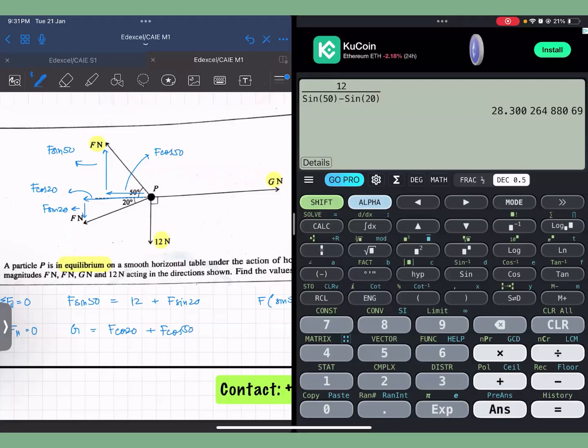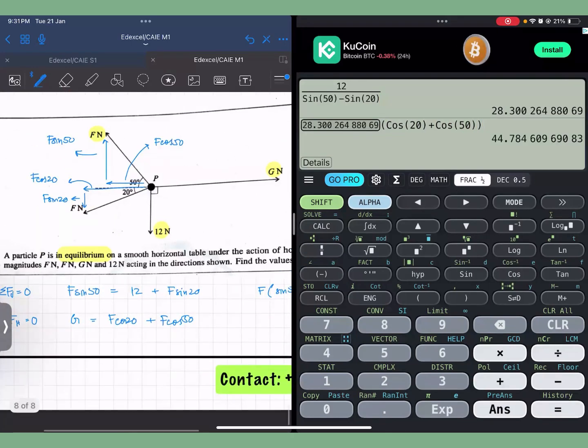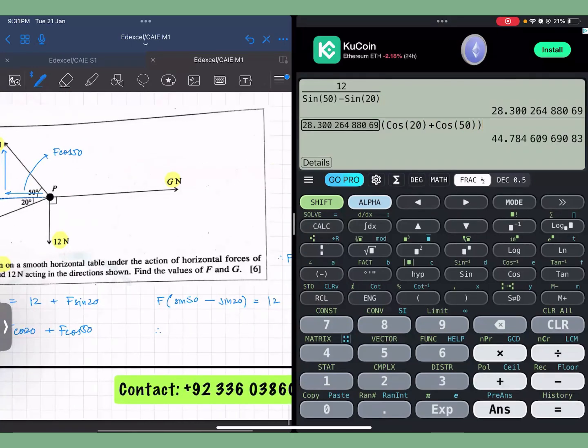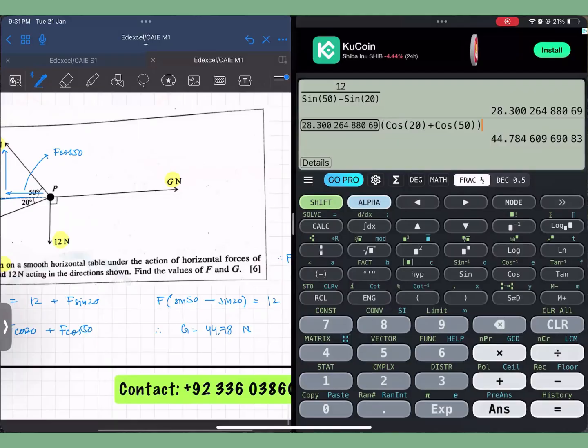Now you have the value of F, which is 28.3. So you can use this value multiplied by cos 20 plus cos 50, as I took this F common. Okay, so you're getting this value of G, which is equal to 44.78. That's it. This is your final answer.